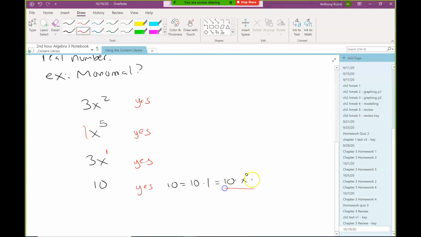And if I look at this, that does meet the criteria for a monomial. The thing that's unfair is that you don't know that anything to the 0 power is equal to 1 other than 0. So the takeaway, though, is that a plain old number does meet the qualification of being a monomial.